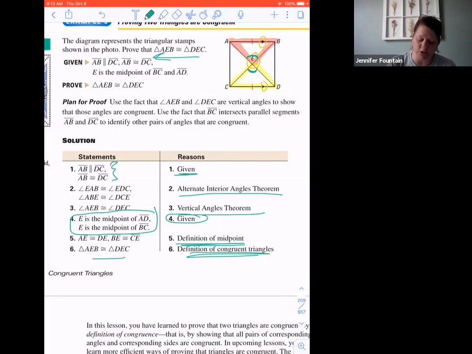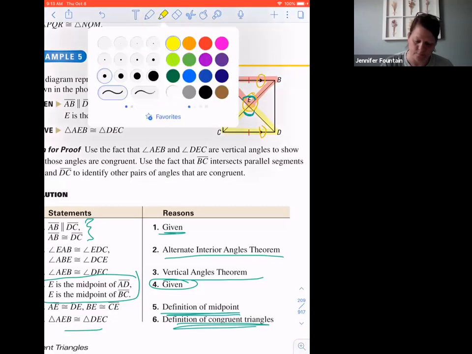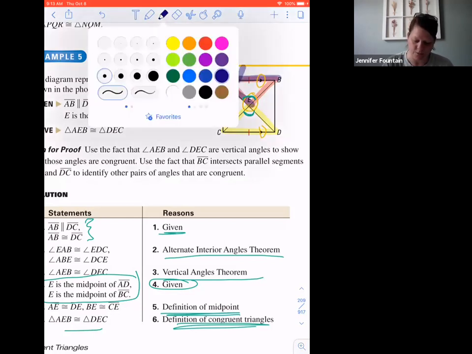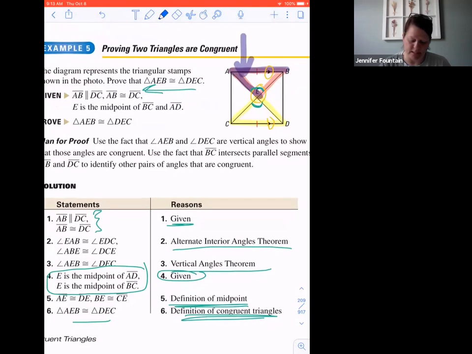I want you to be able to look and see that EAB, when I start here, I'm talking about this angle right here, is congruent to EDC.